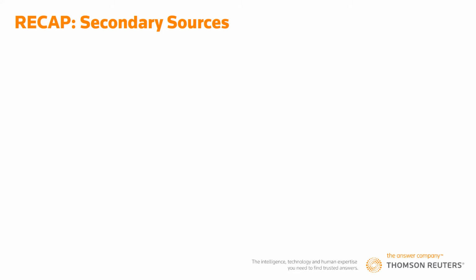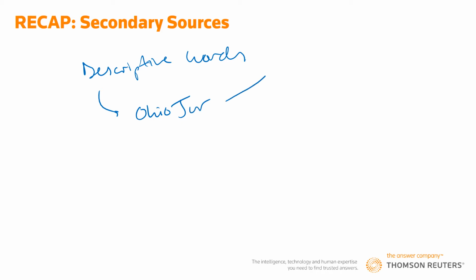So let's recap. What we did was we ran a descriptive word search, right? Non-compete, is it reasonable? And those take us to OhioJur, which is a state jurisprudence. And those state jurisprudences have links out to cases, right? But more importantly, those Ohio Jur articles are going to link us to ALR, right?